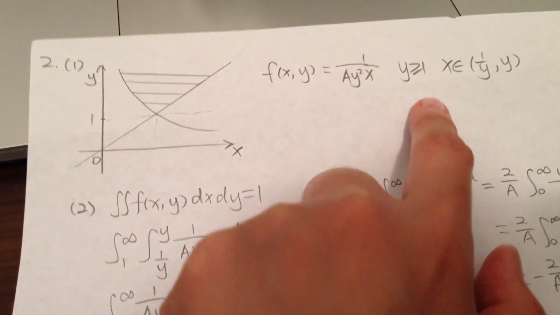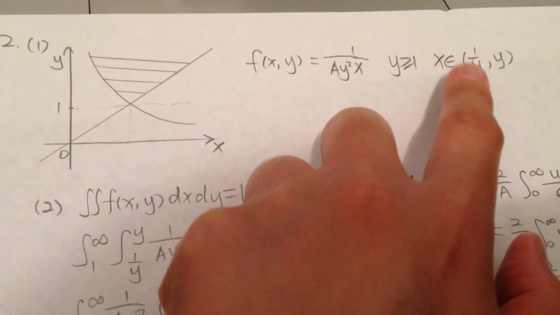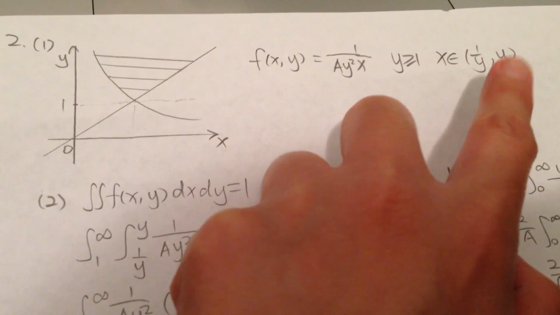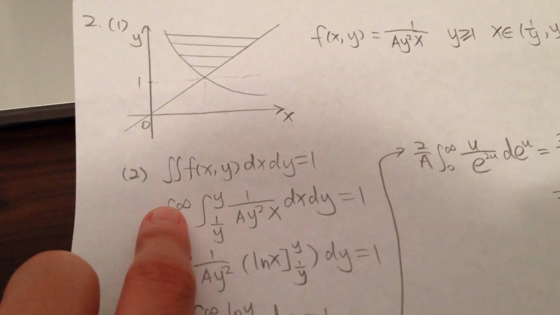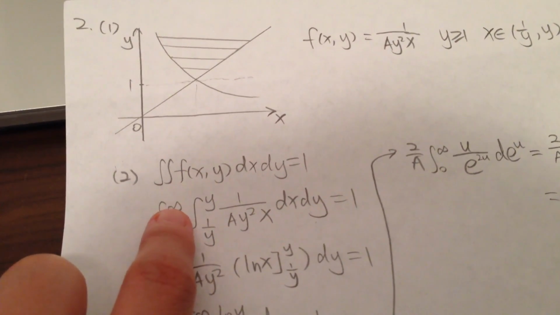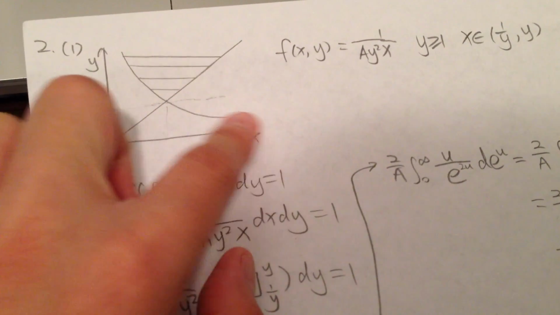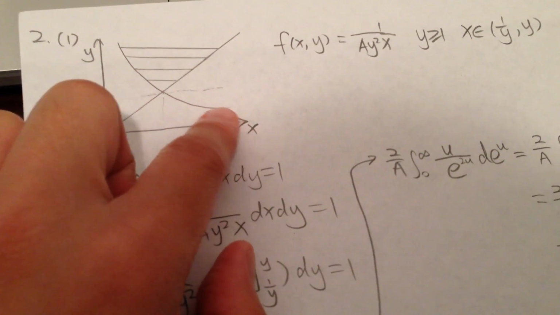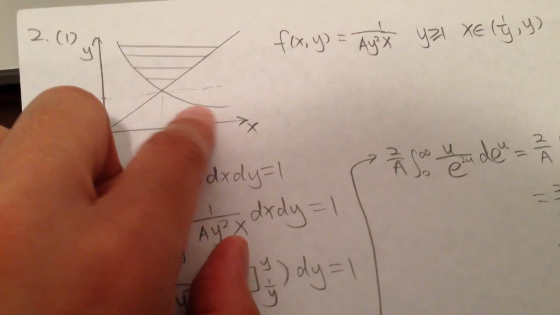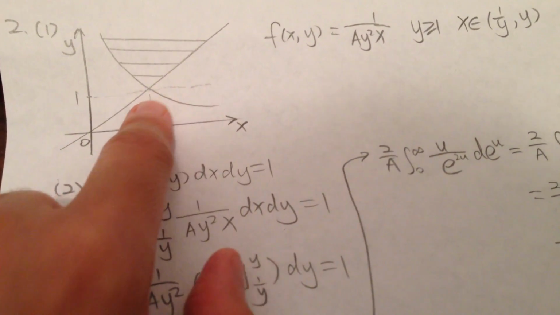And also because x is ranging from 1 over y to y, there could be two baselines: one is y equals 1 divided by x, and the other one is y equals x.